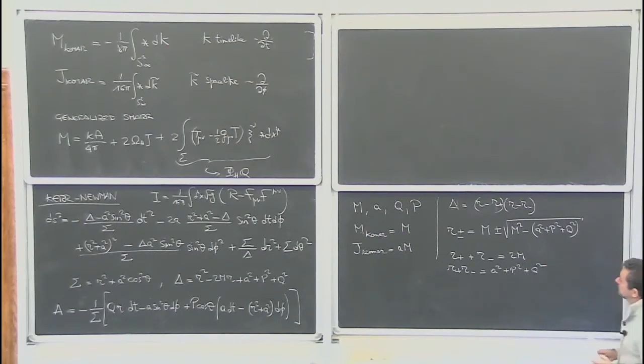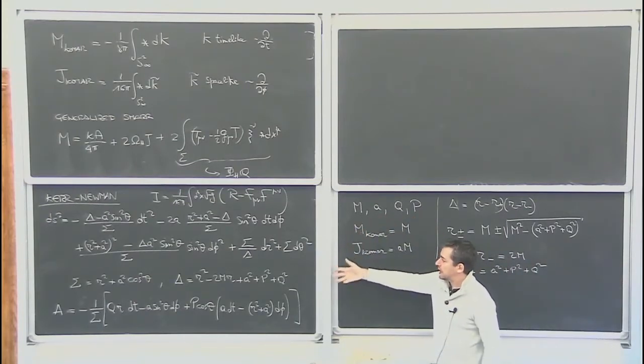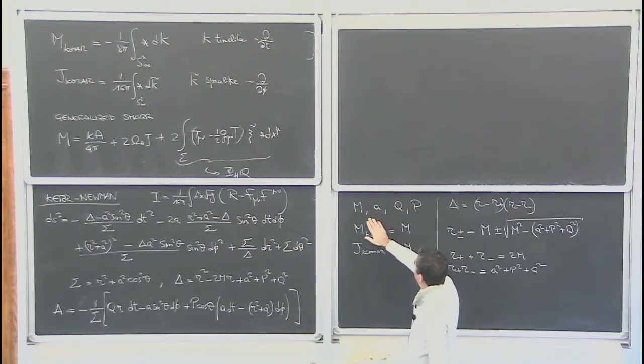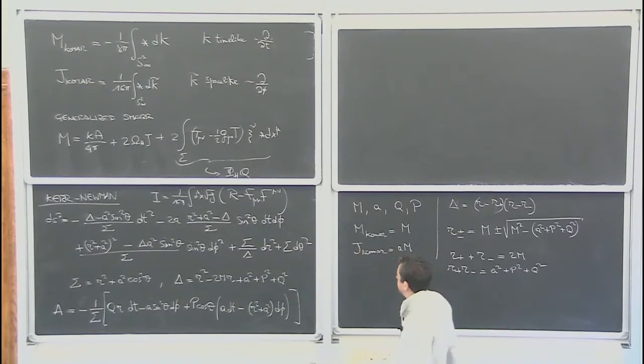And I made the remark that I can take some limits of this solution, and they give us more familiar solutions. I cannot take m equals 0, otherwise the horizon is washed away.